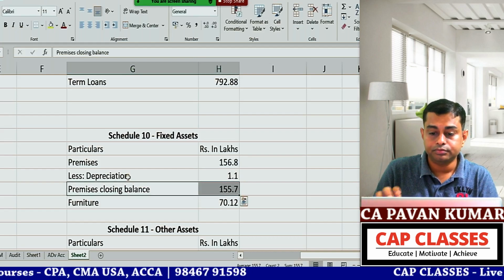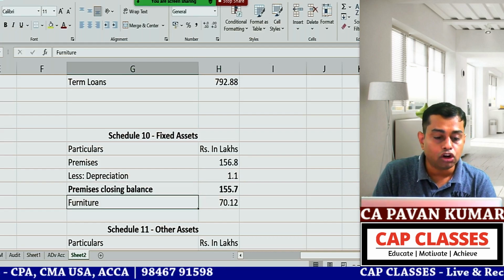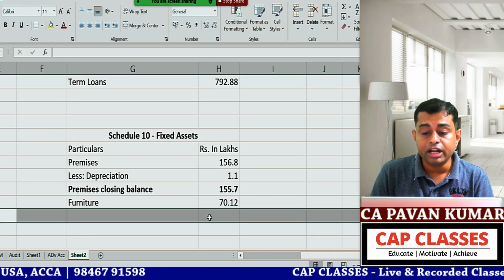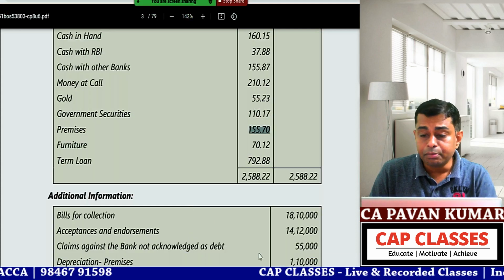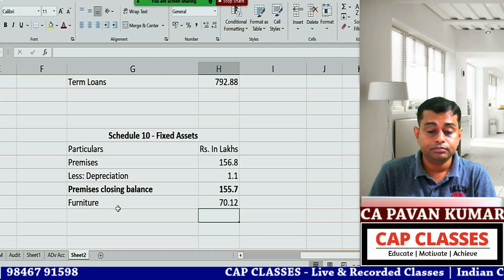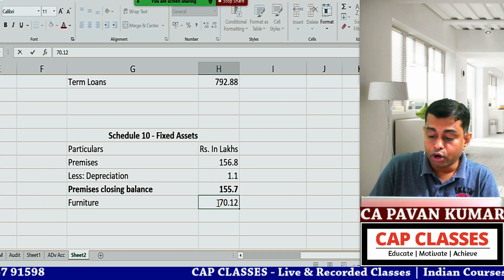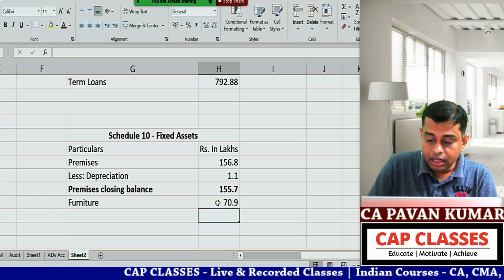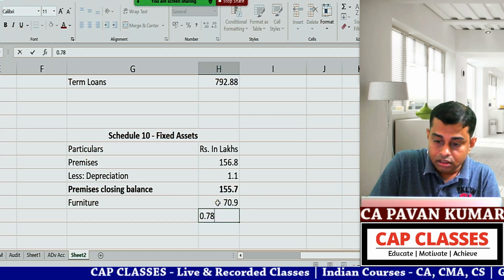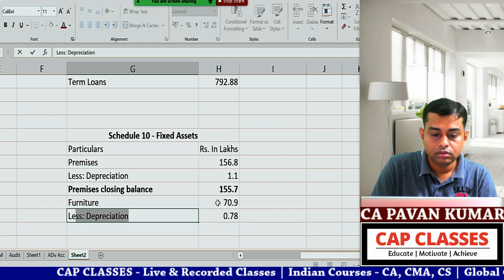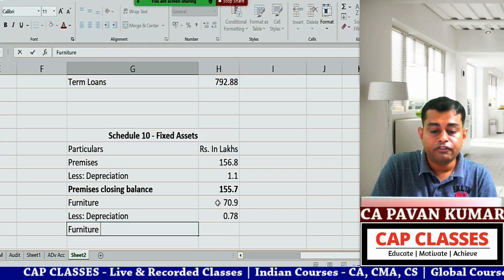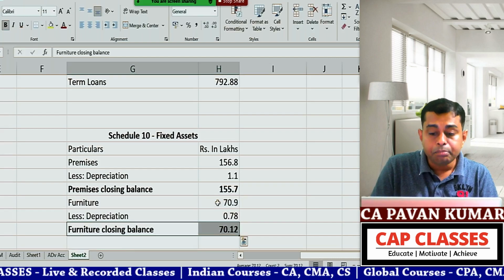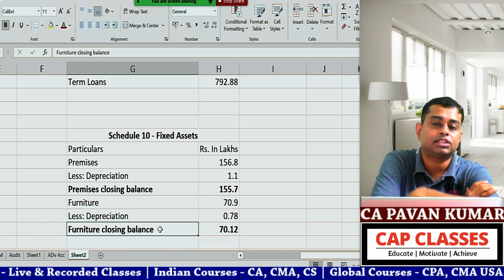Like this you can show. Same with furniture. Furniture 70.12 in the balance sheet, and depreciation on furniture is 0.78. So you add this: 0.78 depreciation, then furniture closing balance. This closing balance is what appears in the trial balance.